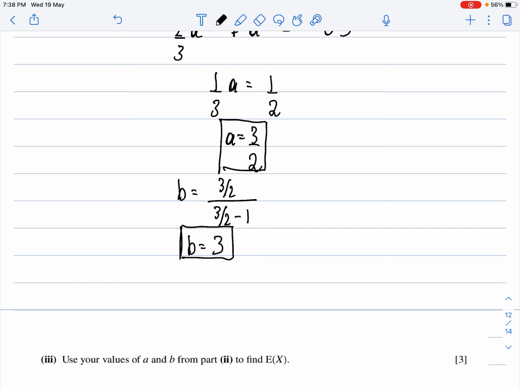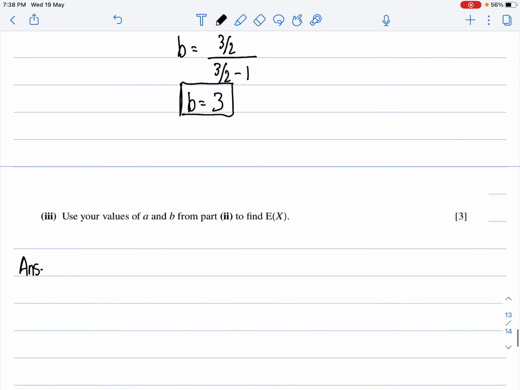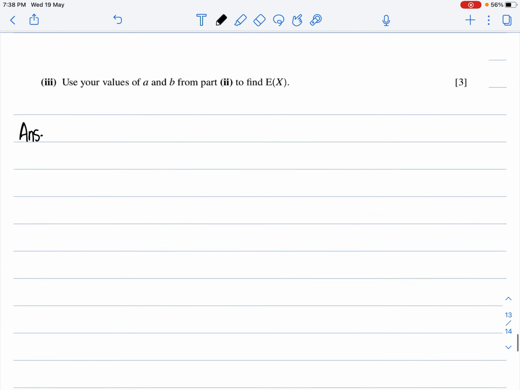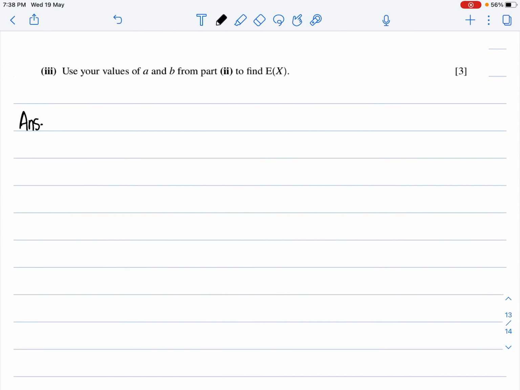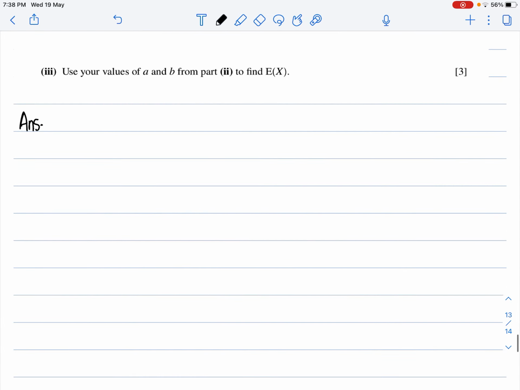So these are my two values for a and b. Now, use your values of a and b from part 2 to find the E of x. So the E of x is given by the formula x into f of x with the limits 1 to b, the max limit basically.